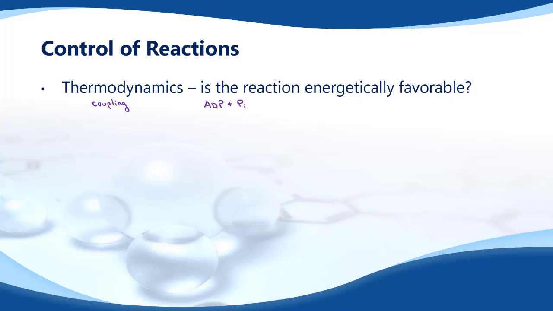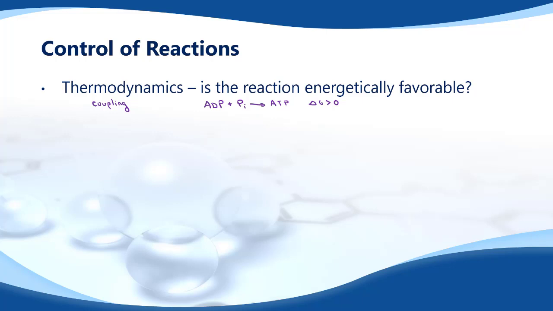Right? So if we do this reaction, we will produce ATP, or adenosine triphosphate. The problem with this reaction is that for this reaction, delta G is slightly above 0, so it's not energetically favorable. What we wind up doing is we actually couple it to another reaction.